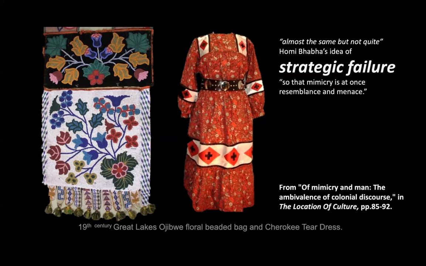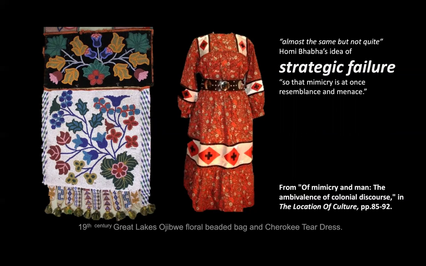It's an example of his idea of strategic failure, a strategy or technology of survivance employed by colonized people so that, quote, mimicry is at once resemblance and menace, end quote. Bhabha points out that colonized people all over the world will mimic the dominant culture to fit in.